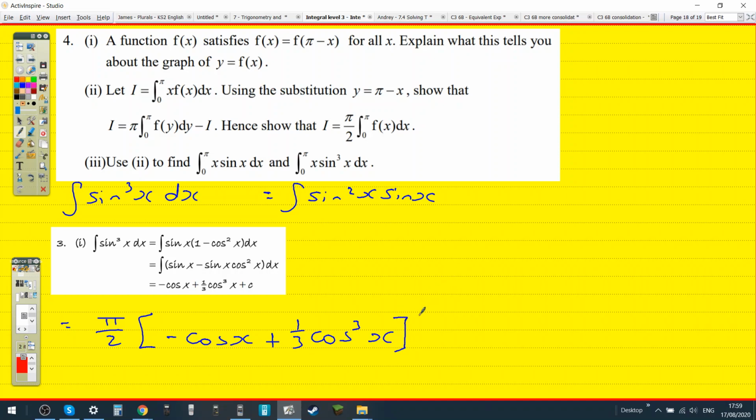Shouldn't there not be... Oh, never mind. I was about to say there shouldn't be a plus c, and then I realized that was a different question. Okay. So, minus cos pi. Okay. So 1.